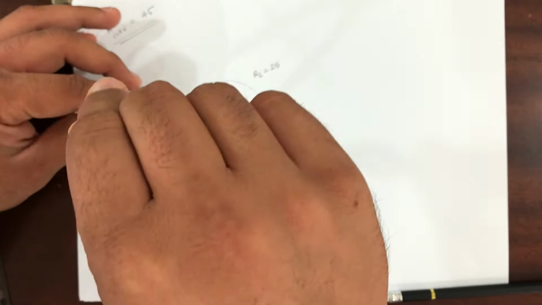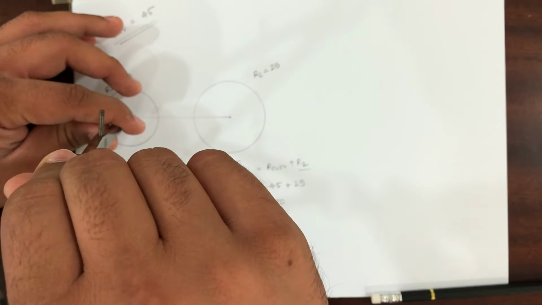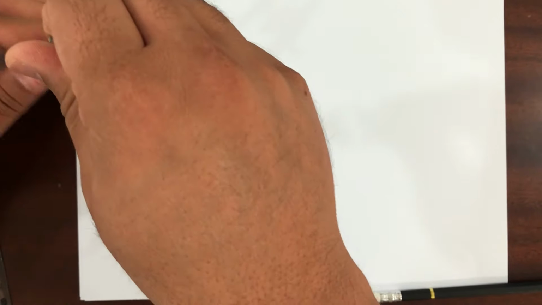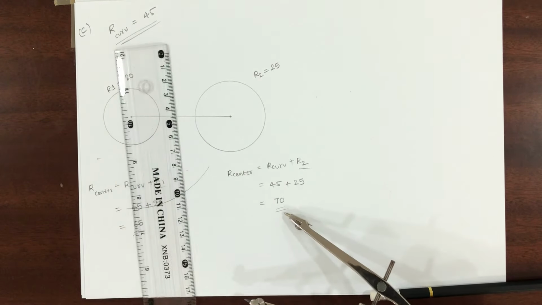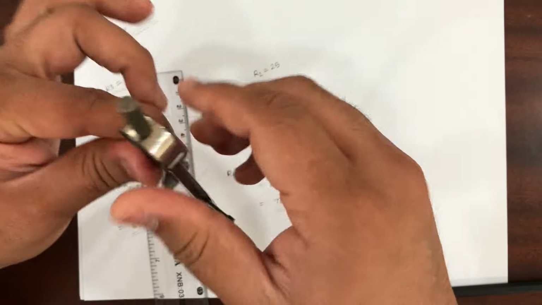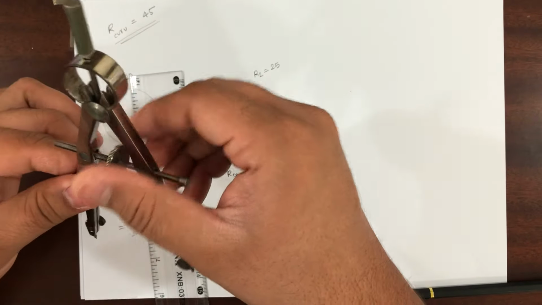Okay, like this. Now this is 65. Here we need to make an arc of 70. So again measure 70.